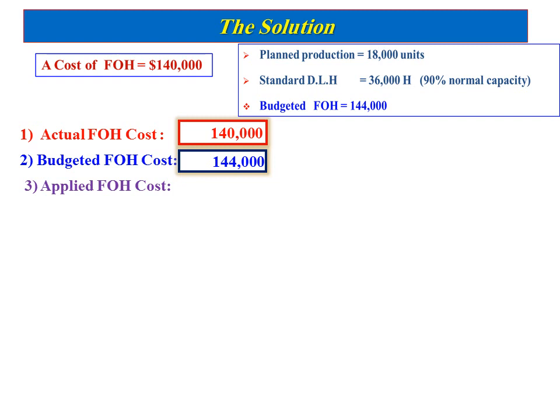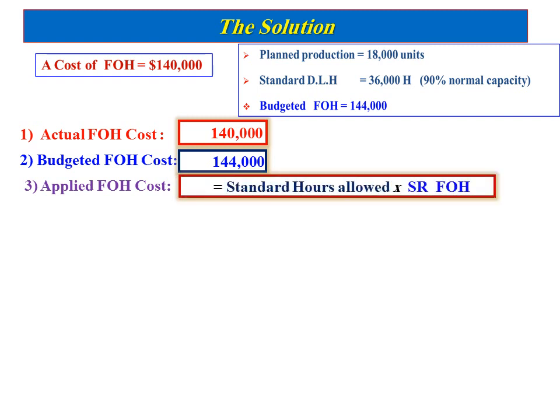I need what? Applied fixed overhead. How to calculate applied fixed overhead? I have equation. Yes. Standard hours allowed times the standard rate for fixed. Standard hours allowed, no problem. Why? Because the standard hours allowed, I know.